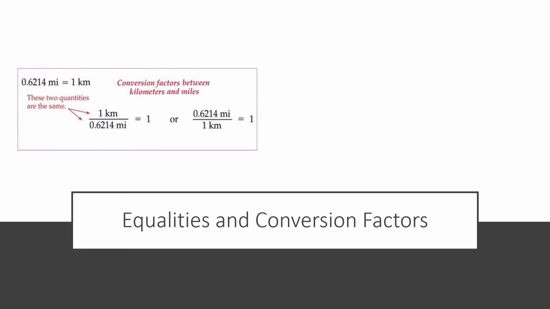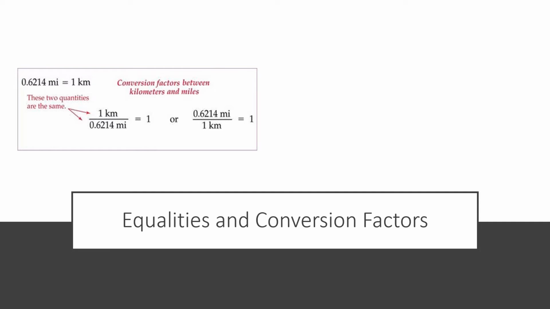Equalities set us up so that we can create conversion factors. If we say that 0.6214 miles equals 1 kilometer, which is absolutely true, these quantities are, of course, equal to one another.